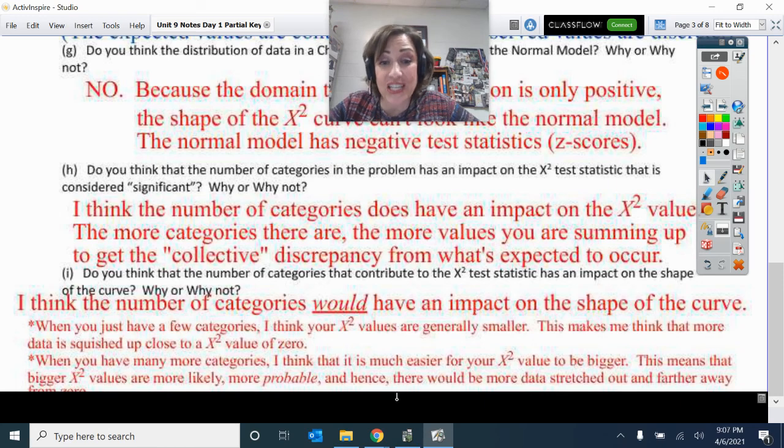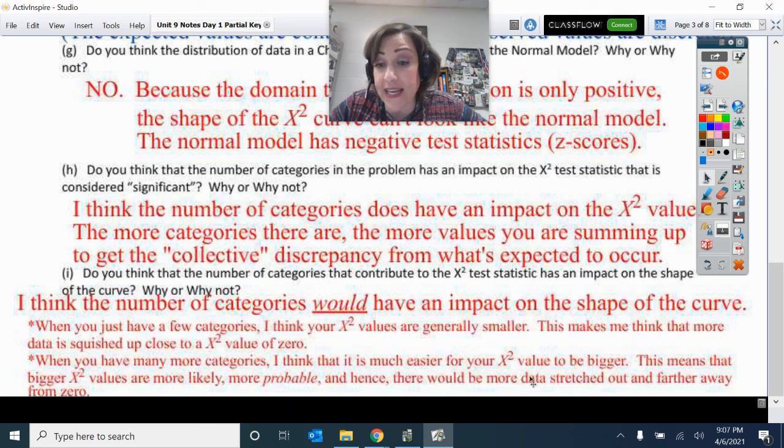Then it's much easier to get bigger chi-squared values, and if it's easier to have bigger chi-squared values, then they're more probable. So the data is more stretched out and farther away from 0. So the number of categories has an impact on the shape of this distribution and on what's considered unusually big, so that I go, whoa, that's an unusual collective discrepancy.